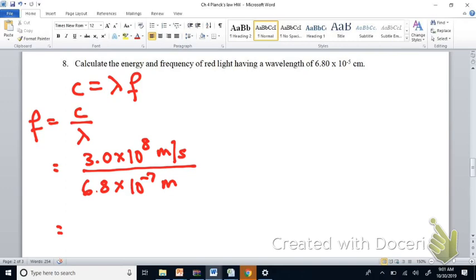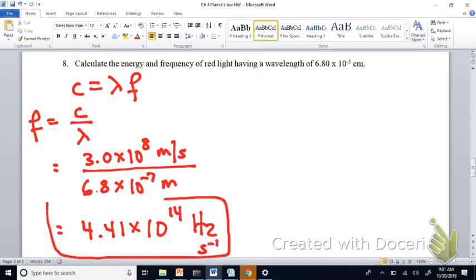So again, we have 3 times 10 to the 8 divided by 6.8 times 10 to the minus 7. And I get a frequency of 4.41 times 10 to the 14 hertz. I could also use an inverse second. So that answers the first part of the question.